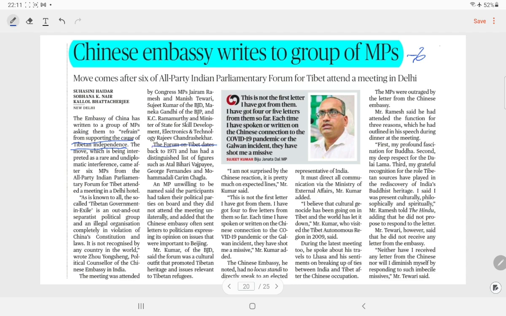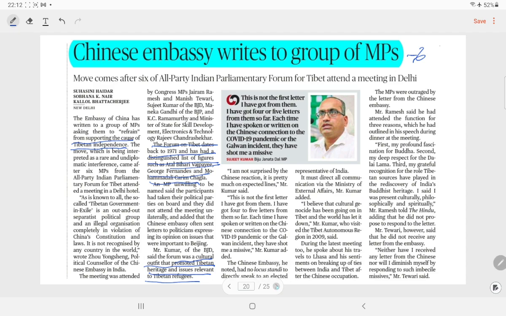The Forum for Tibet dates back to 1971 and has a distinguished list of members like Atal Bihari Vajpayee, George Fernandes, and Mohammedali Currim Chagla. These kinds of people have previously attended the Forum for Tibet. This forum was a cultural outfit that promoted Tibetan heritage and issues relevant to Tibetan refugees. So six MPs took part in this forum, and the Chinese embassy wrote to these MPs to refrain from taking part in this kind of forum.